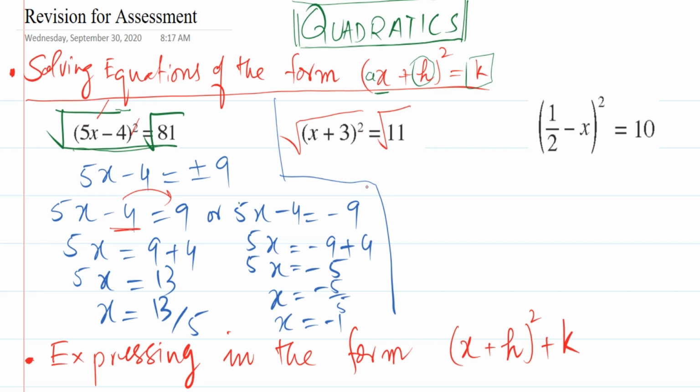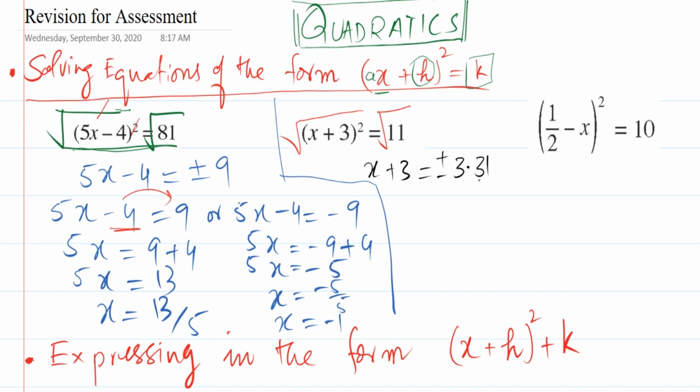The square will be cancelled by the square root, and we will have x plus 3 on the left side, which is equal to plus minus 3.317. Actually, on the calculator, the display shows 3.31662479.